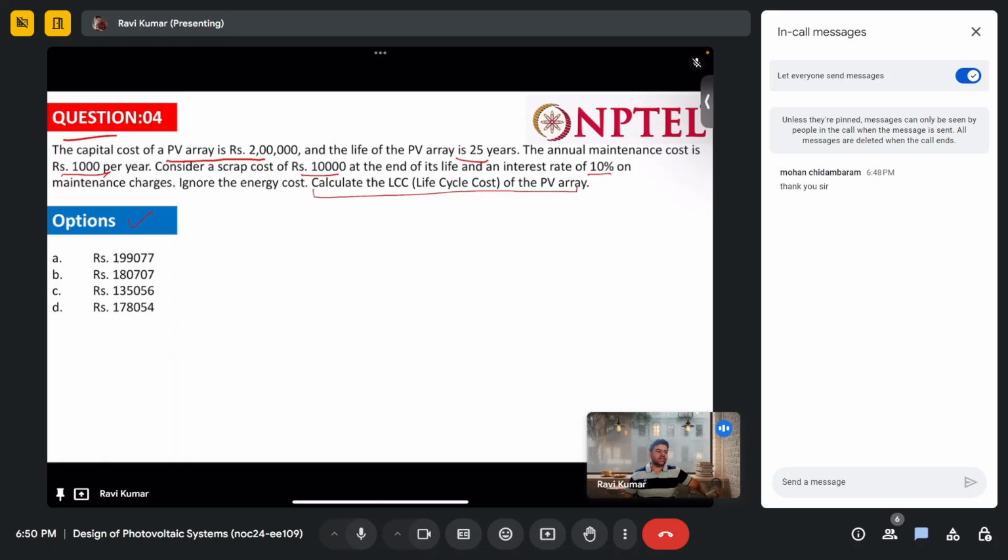First, consider what all components we require in LCC, then just add or subtract them. You will get the value.